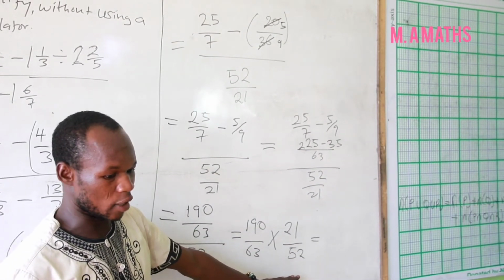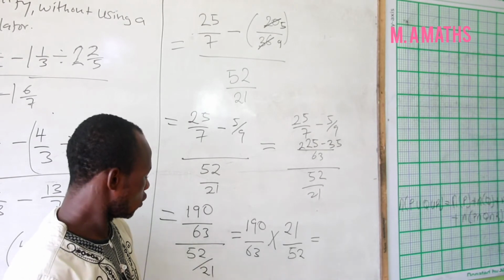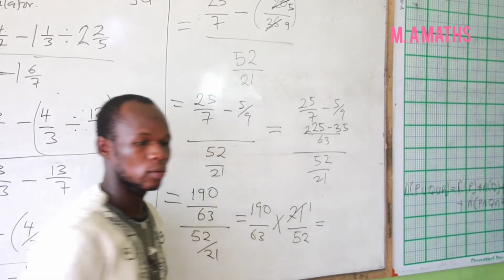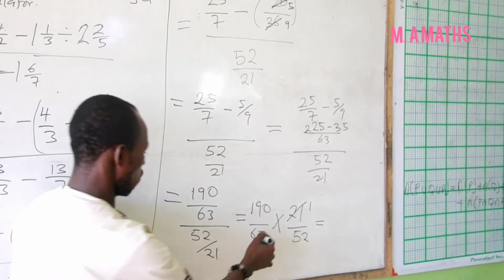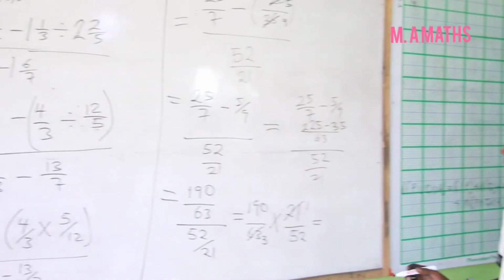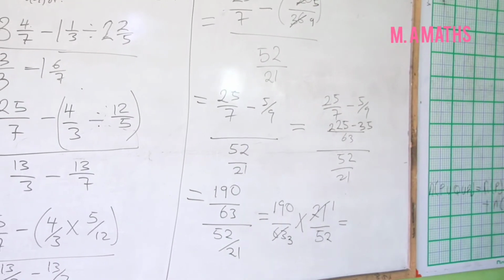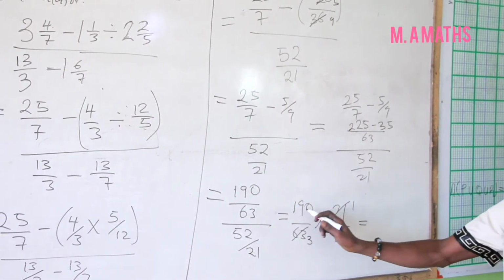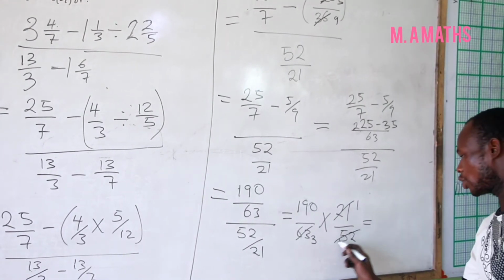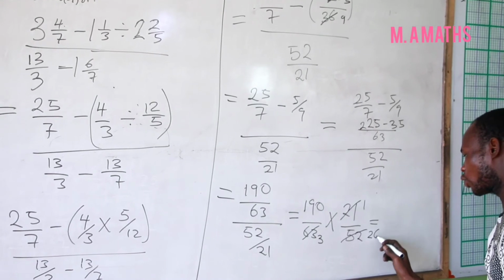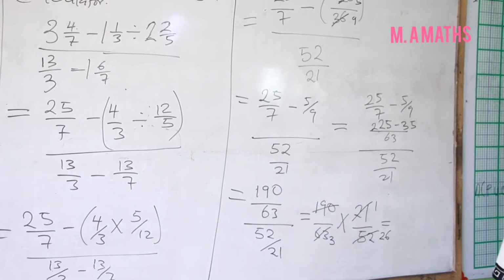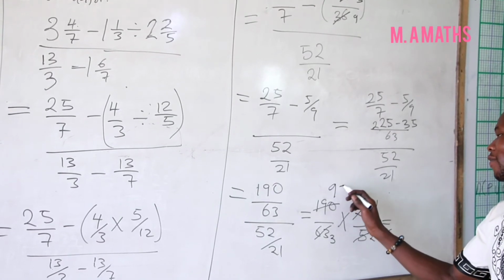You realize that 21 into itself is 1, and 21 can go into 63 3 times. For 52 and 190, 2 can go into them. This gives us 26, and 2 goes into 190, we get 95.